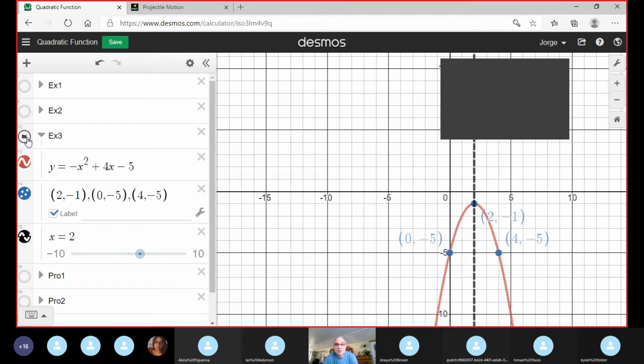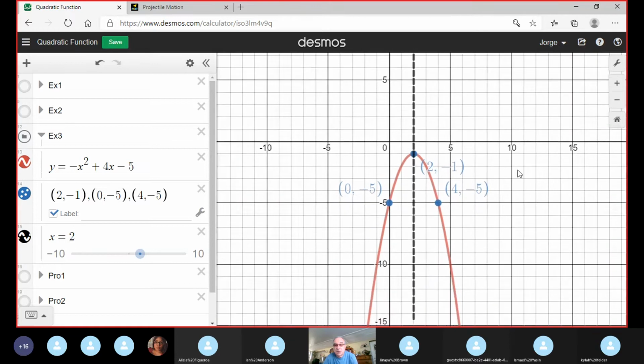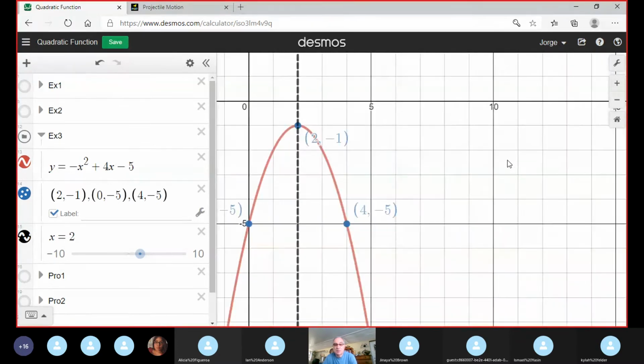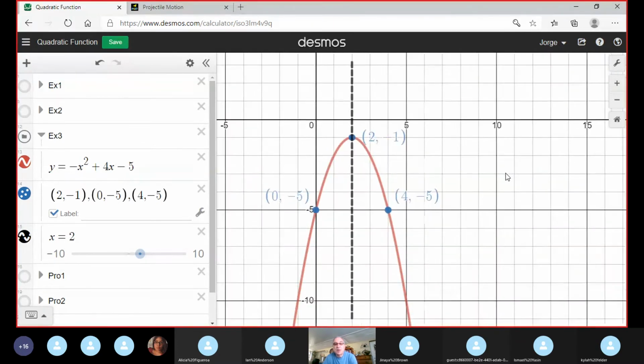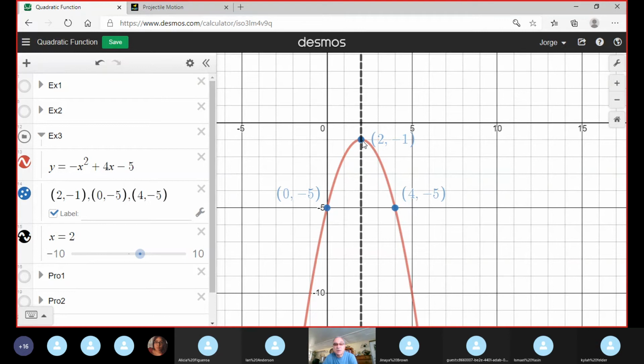Look at that. Example 3 is a parabola that opens down. This is the vertex, 2, -1. We found that point, the y-intercept, 0, -5.